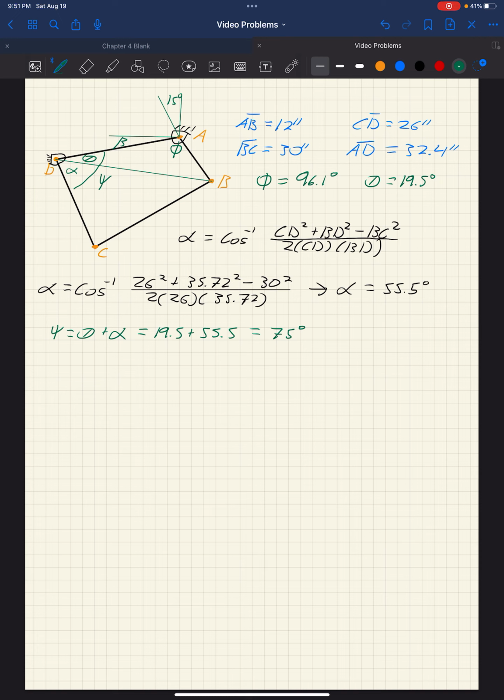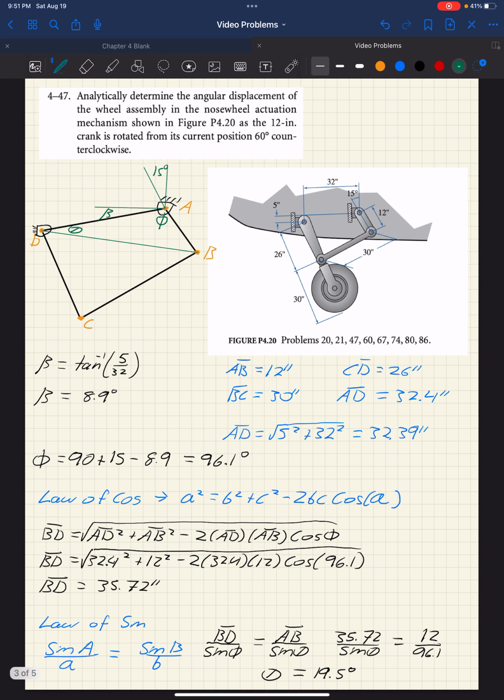So now we have our starting displacement. What we've done is we've looked at how this mechanism is oriented originally, and we found the angle that this bar attached to the wheel is located in relation to our imaginary ground line AD right there. Now we're going to have to move this mechanism. This 12-inch bar is going to rotate 60 degrees counterclockwise.